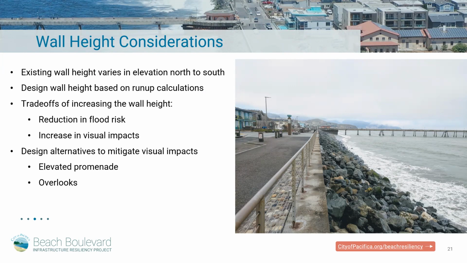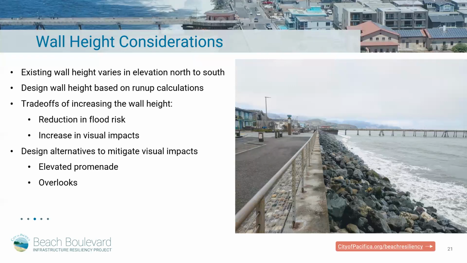And so what we're doing is this coastal study to help inform selection of design elevation based on these coastal run-up calculations and coastal modeling to inform how high the wall should be, because there's a trade-off as you keep increasing the height of the wall.